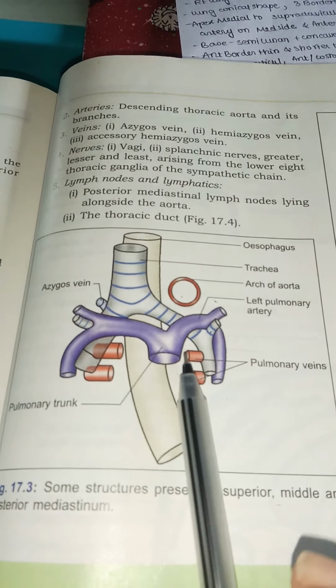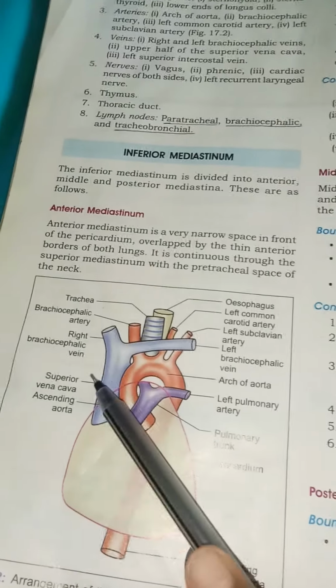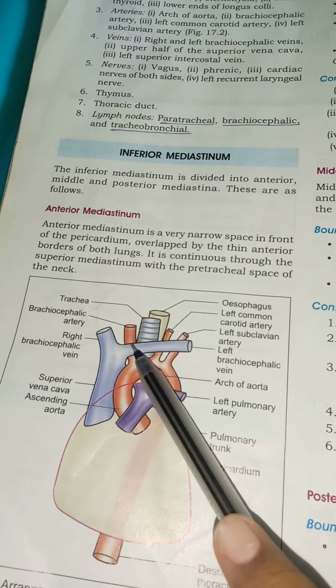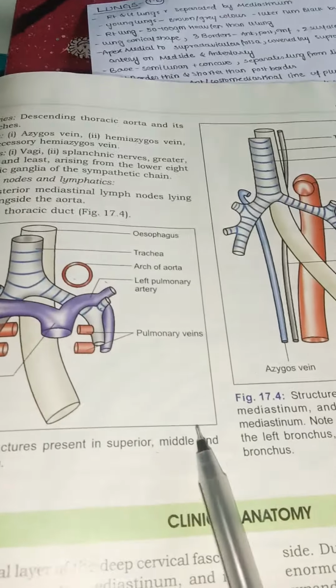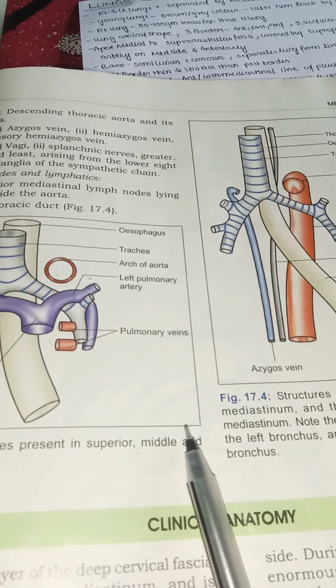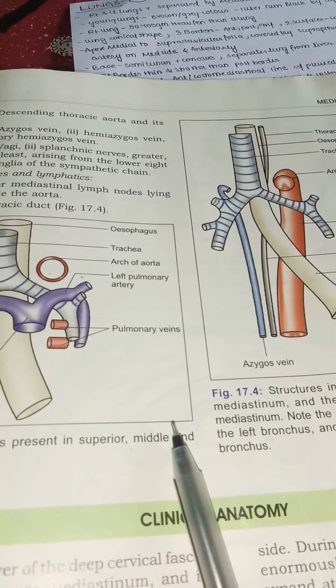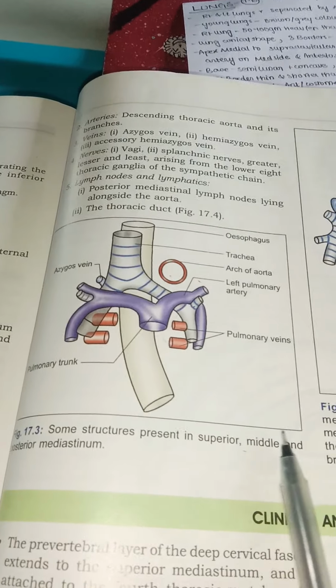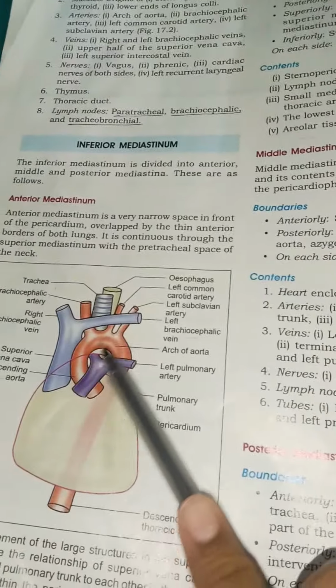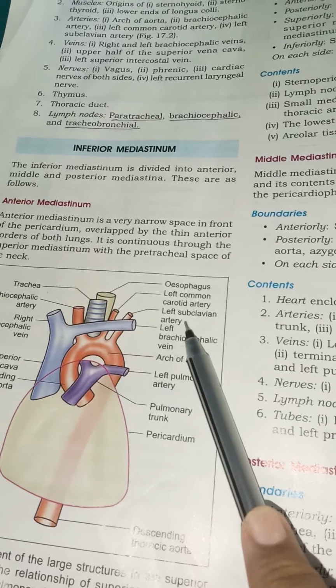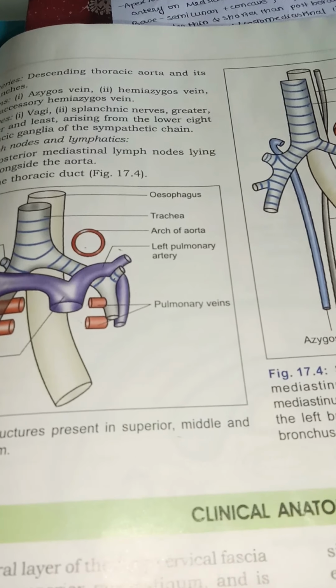Next you will also have the brachiocephalic artery. In this diagram it's not shown, but here you can see this is the brachiocephalic artery. This is also one of the contents of the superior mediastinum. And next we will have the left common carotid artery and left subclavian artery. So these are all the contents of the superior mediastinum.